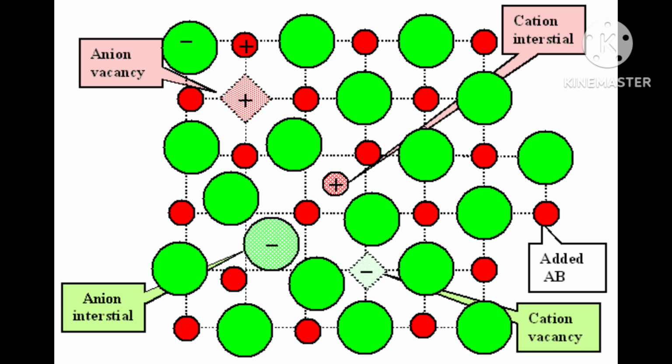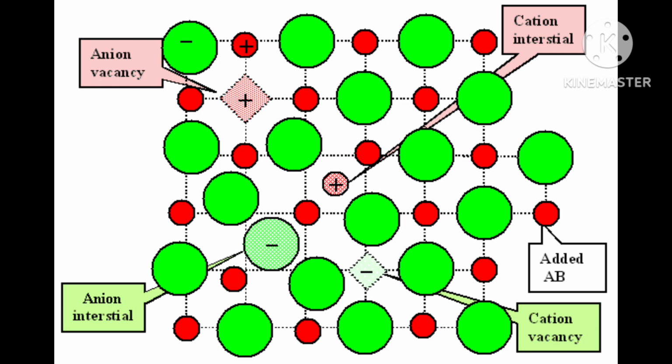Then in a vacancy defect, you know that in an arrangement, suppose A, B, like that the arrangement should be.